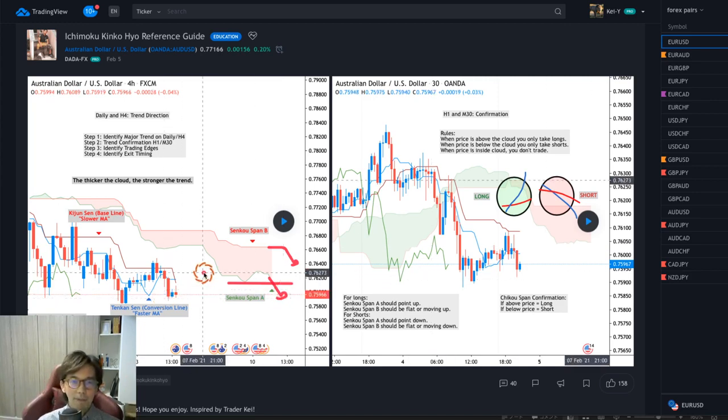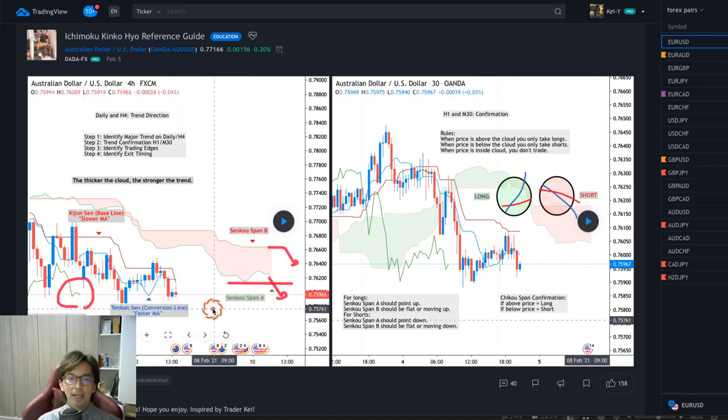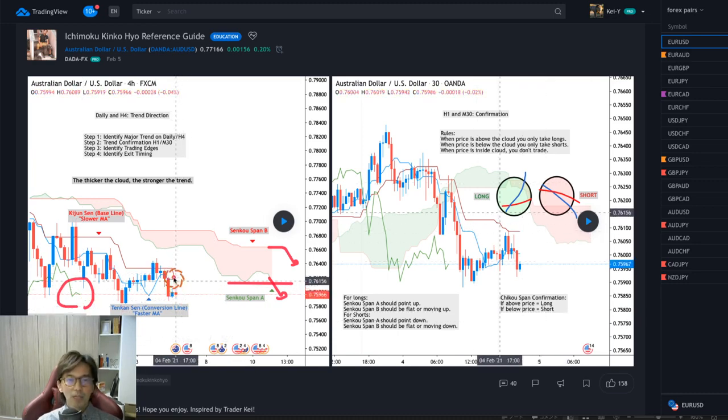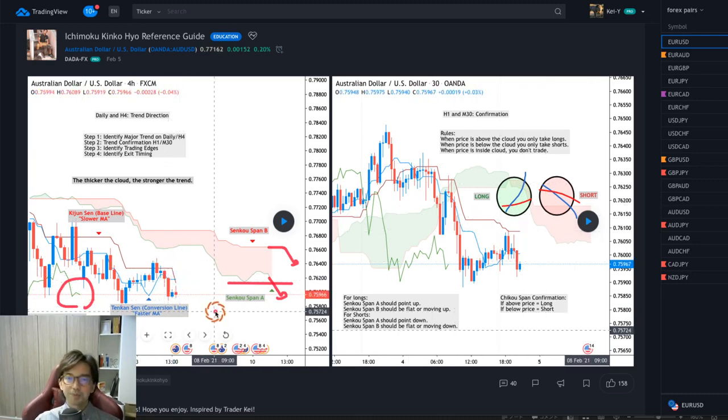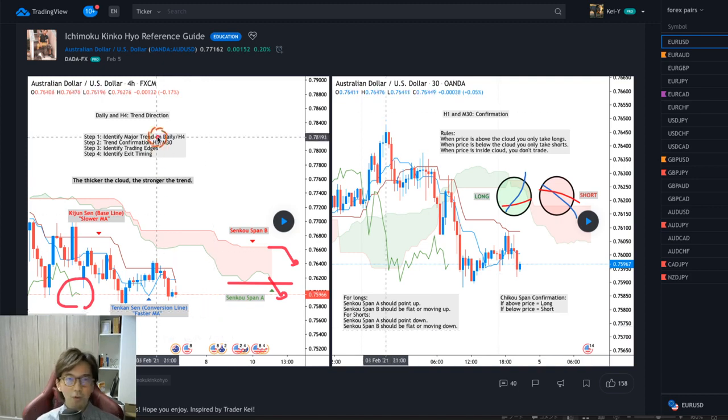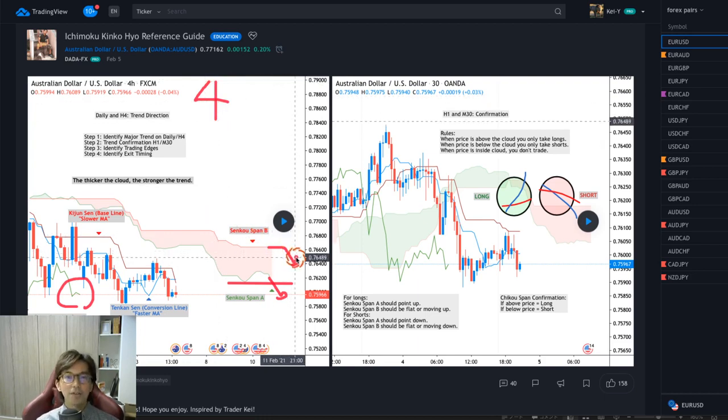Then this Chikou span is below the candles, and this is okay. The price is below the Kijun Sen, so this is okay too. And this is the higher time frame chart on the left, so it was a nice downtrend. If you see this setup in the future, that will be a great timing to look for the sell chance in lower time frames.